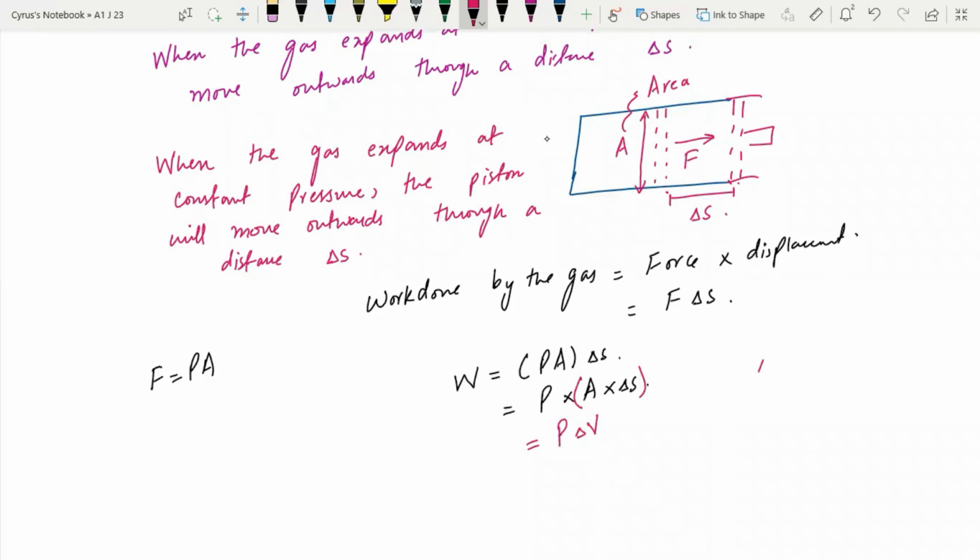So delta V is A into delta S. Remember that.